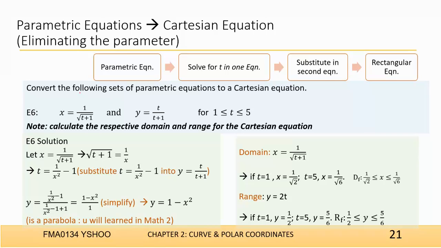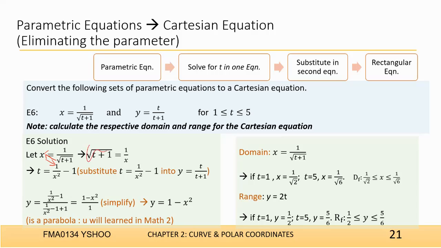Okay, this one, because both are also not a nice value like the previous example, we can start from our x. We can solve our x for the t. So we interchange the position. So I have square root of t plus 1 equals to 1 over x.